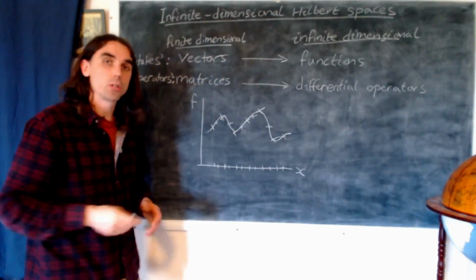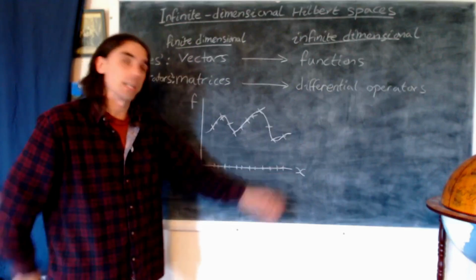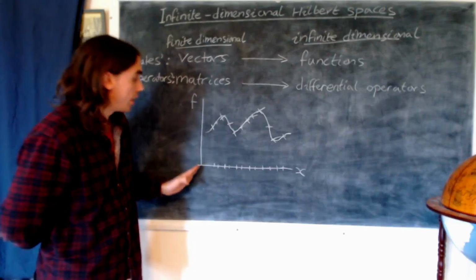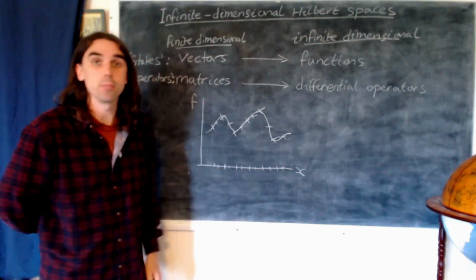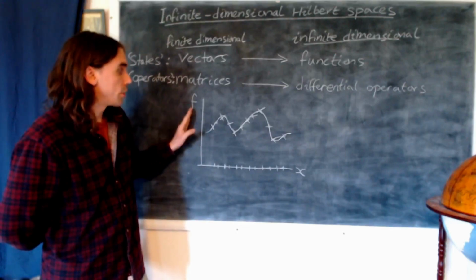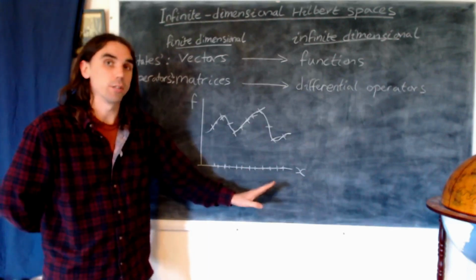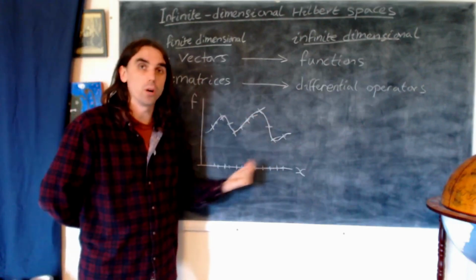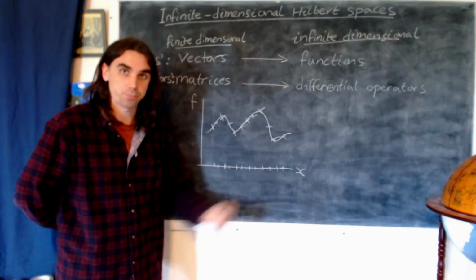But of course the computer only ever works with a discrete set of points along the real line. It can't store an infinite set of numbers. It only has a finite memory. So in this sense you see that a function really is naturally an infinite dimensional vector because it has to take a value for each of an infinite number of real numbers of x.